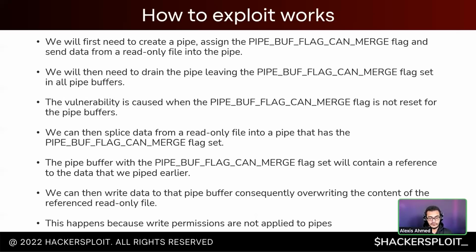So the exploit utilizes the splice system call to splice data from a read-only file into a pipe buffer that has that flag set, which means that the pipe buffer with the PIPE_BUF_FLAG_CAN_MERGE flag set will contain a reference to the data we piped earlier. We can then write data to that pipe buffer, consequently overwriting the content of the referenced read-only file.